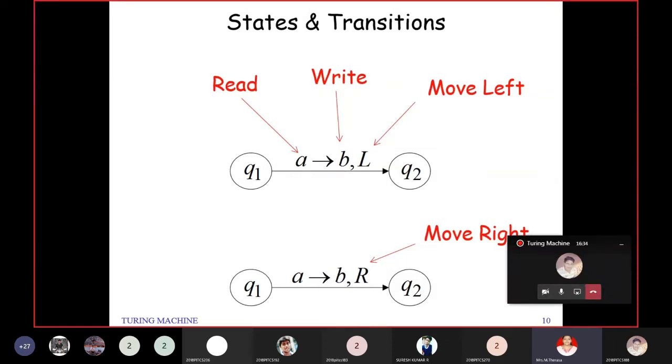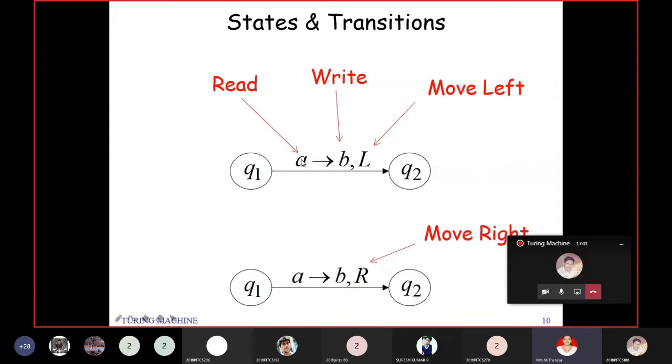Now, you should have a label over the transition, which is nothing but the symbol which is read by the Turing machine head, and next you should have an arrow mark. Then you have the symbol which is used to rewrite over this A, and the movement of the tape read write head. So here you can see Q1 to Q2 is a transition.